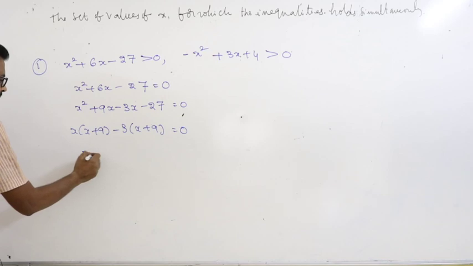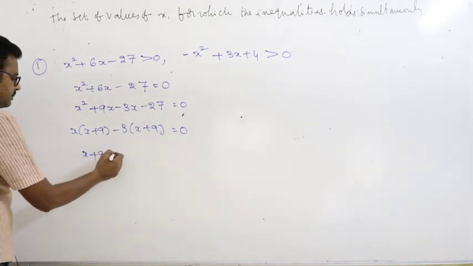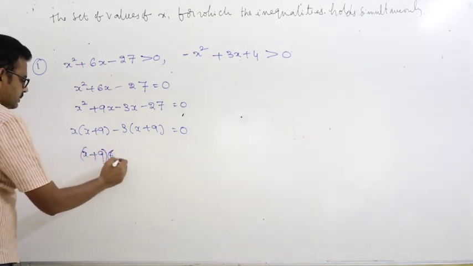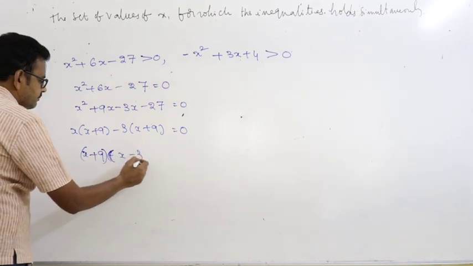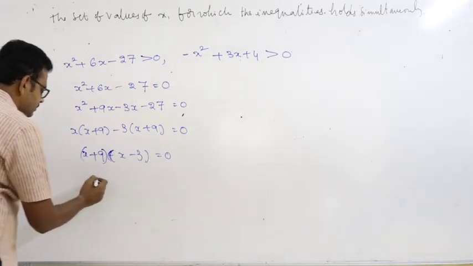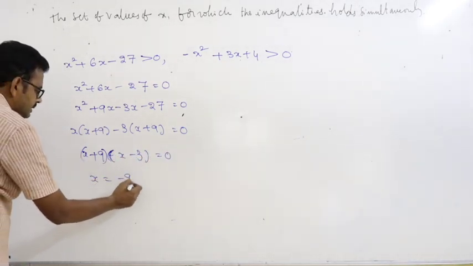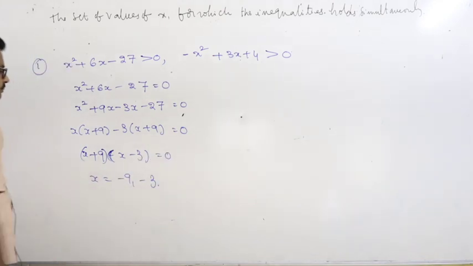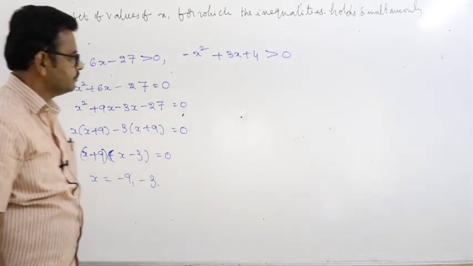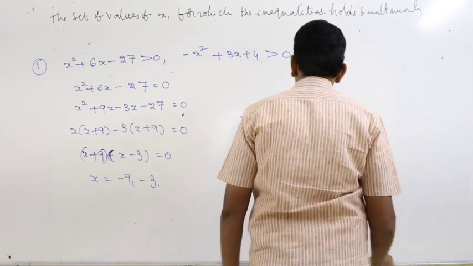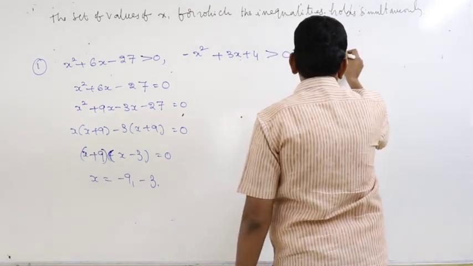So, x plus 9 into x minus 3 equal to 0. So, x is equal to minus 9, 3.